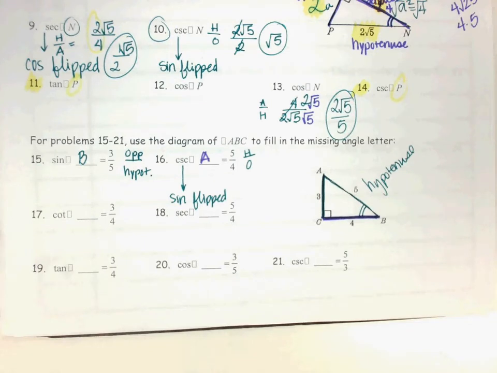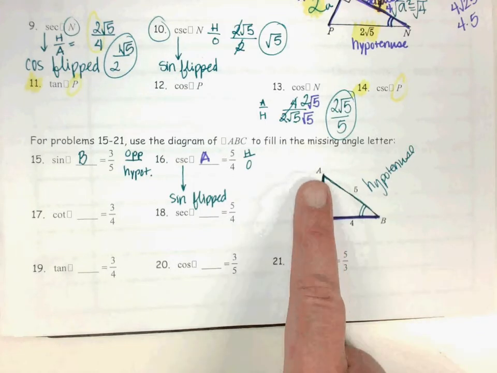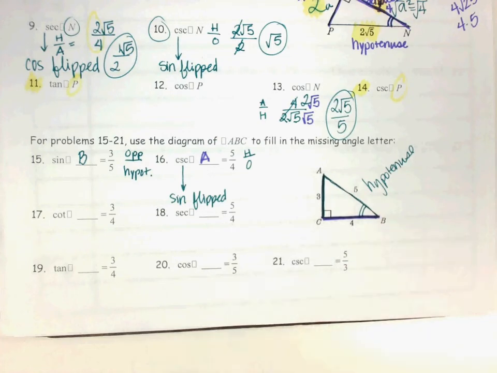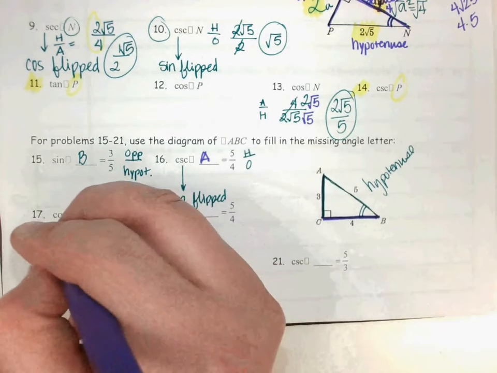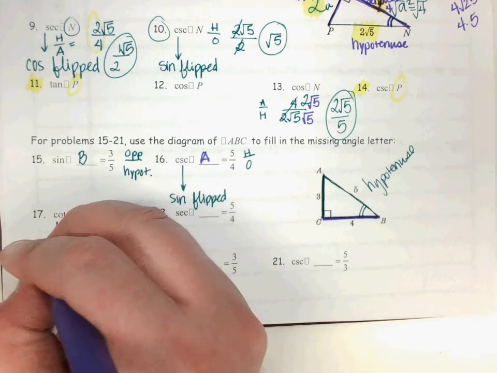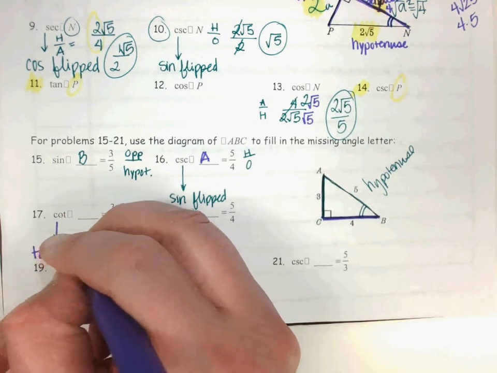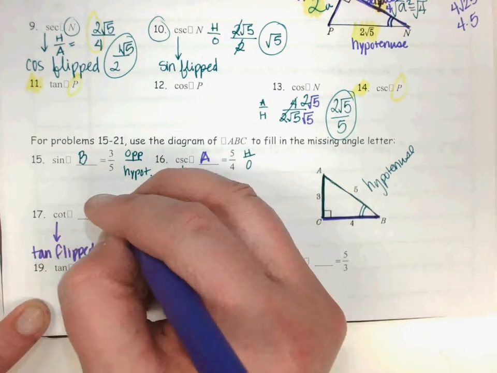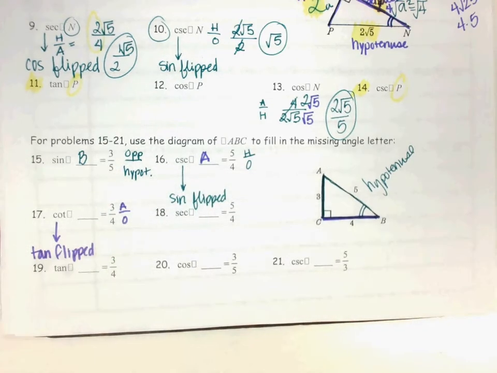Now, your answer can never be C, because C is the right angle. So you're either going to put A or B. Do you want to do one more, or you got it? One more. Okay, let's do cotan. Okay, cotan is tan flipped. Which would be A over O. Very good.